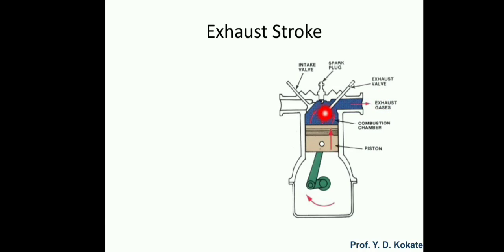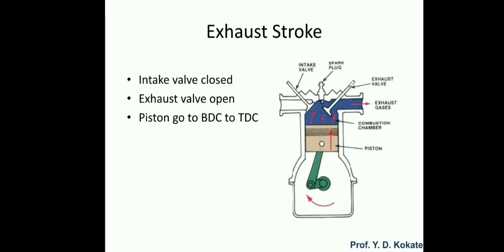The exhaust valve opens, the piston moves from bottom dead center to top dead center. Due to that, positive pressure is generated, greater than atmospheric pressure, and so these gases are released to the atmosphere. The intake valve is closed, the exhaust valve is open, and the exhaust gas goes out through the exhaust valve.